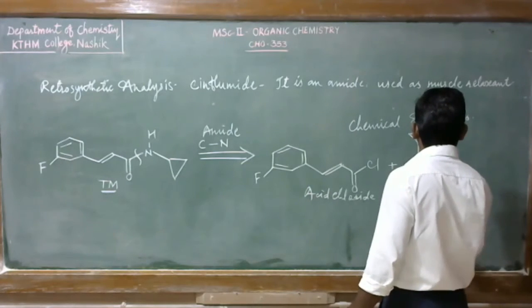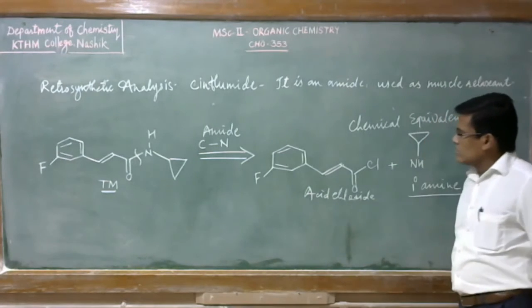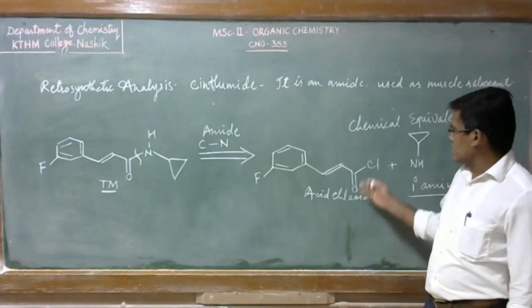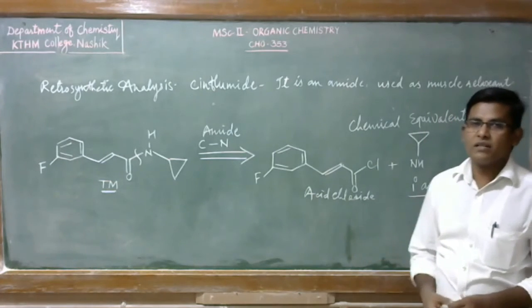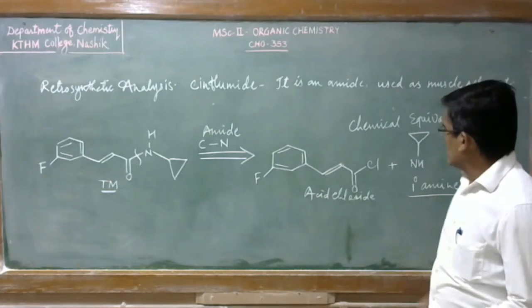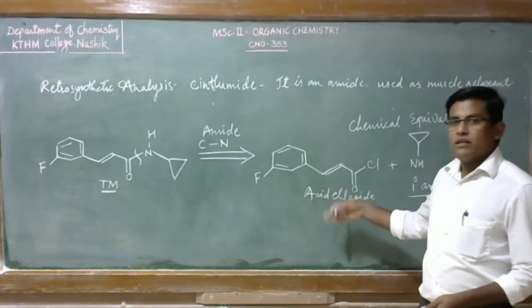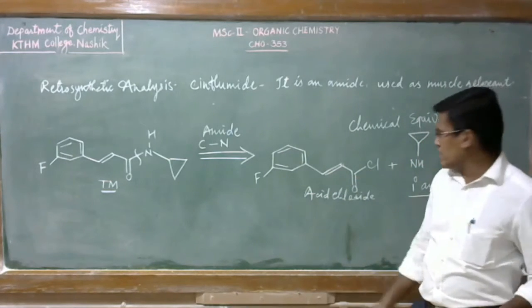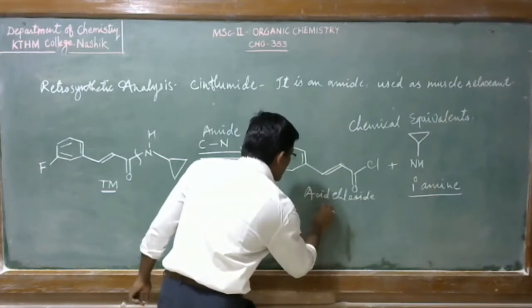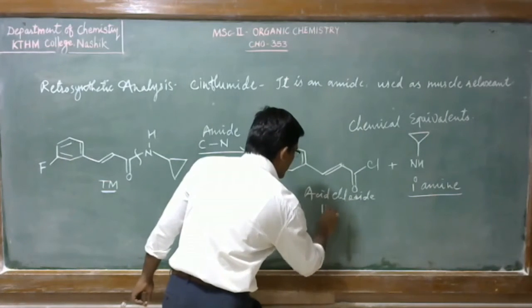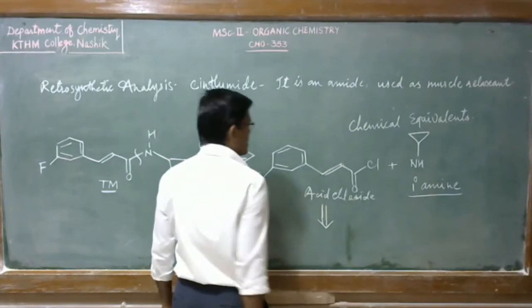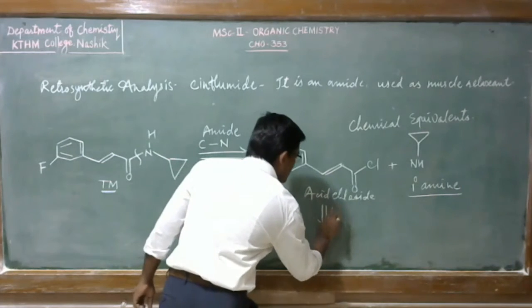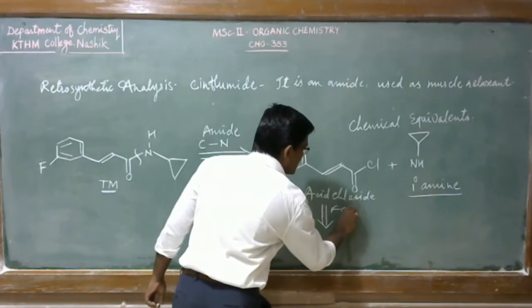Alright, and this is the more reactive functionality. So we can convert this acid chloride into its corresponding acid by using functional group interconversion.